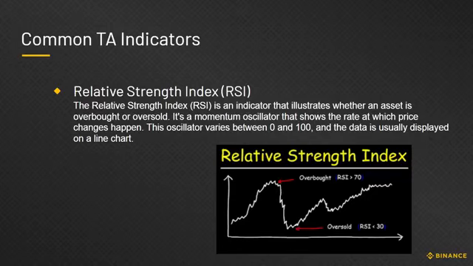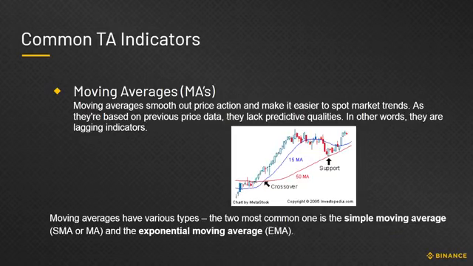The oscillator varies between 0 and 100. Data is usually displayed on a line. Look at this: it's showing 30 as oversold, and it's showing overbought. So it's telling you that at this rate people have overbought this asset, and at this rate people have oversold it. So it has different ways to be used in making such predictions.